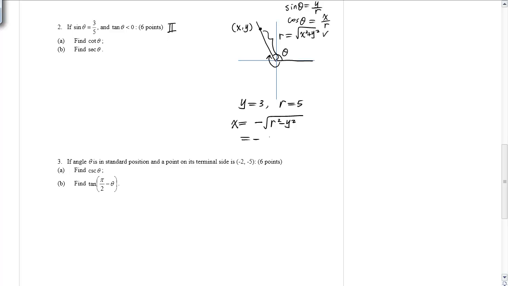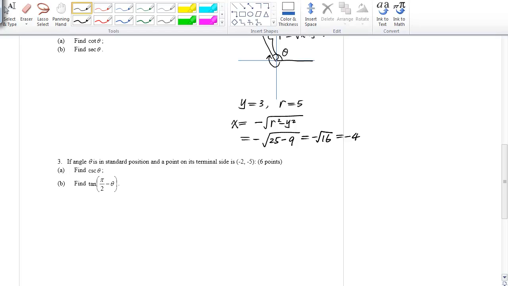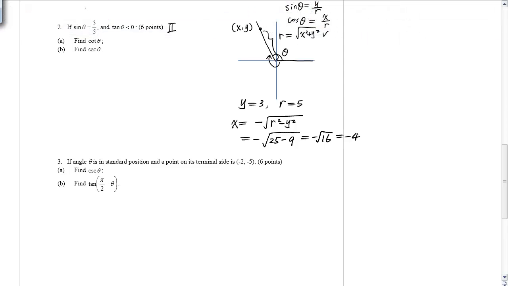Therefore, this equals negative square root of 25 minus 9, negative square root of 16, which is negative 4. So with x and y and r all known, we can determine all 6 trigonometric function values if we want to.